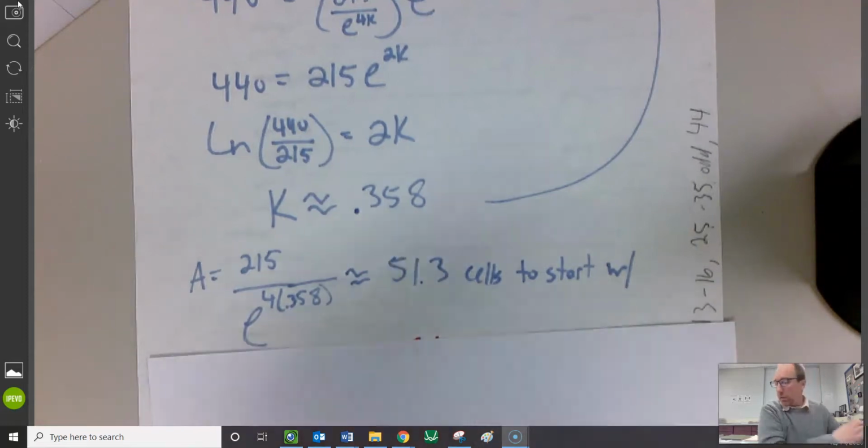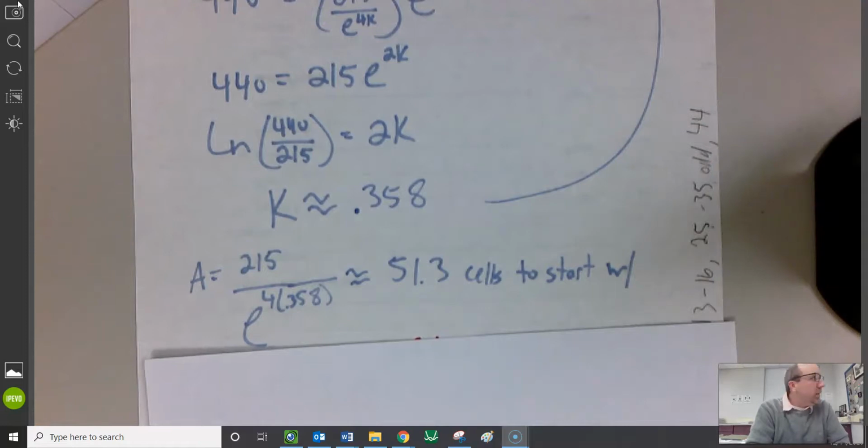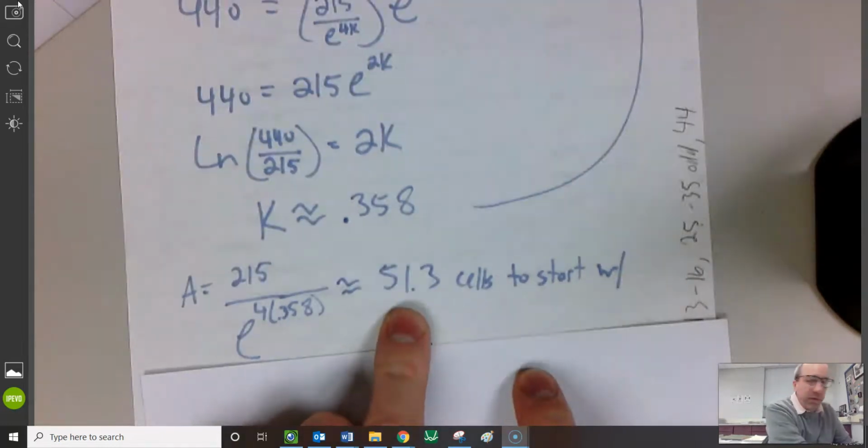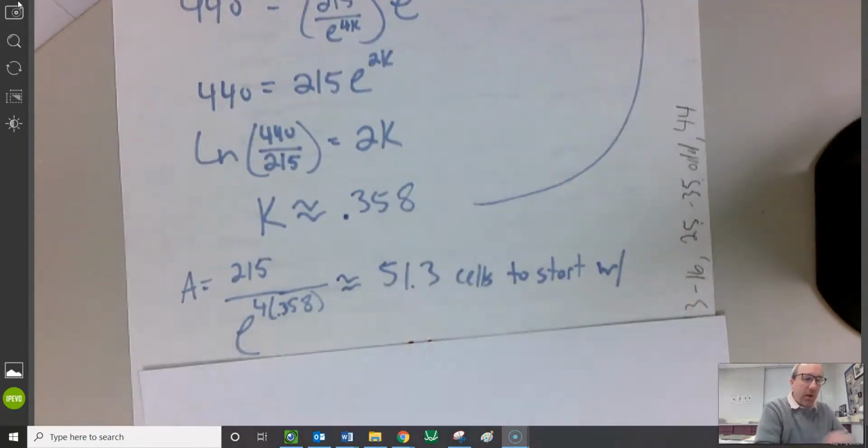The actual question was, once you found that, how long will it take for this specific bacteria to quadruple in size? So if I know that it starts with 51.3 cells, and I want it to quadruple in size, I'll just do 51.3 times 4, which is 205.2. So it's really like asking, how long will it take for there to be 205.2 cells in this bacteria?